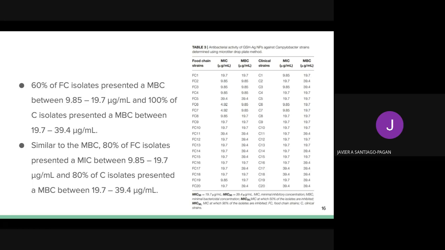The MIC is the minimal concentration for the bacteria to be inhibited, not completely extinguished.